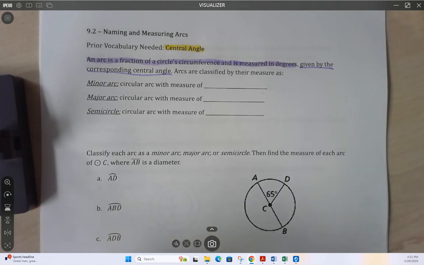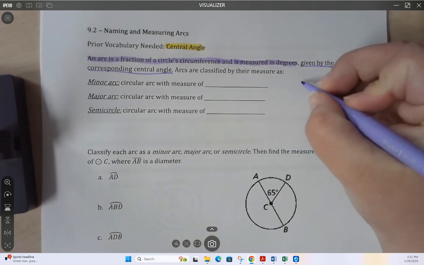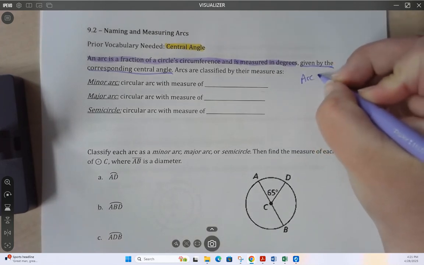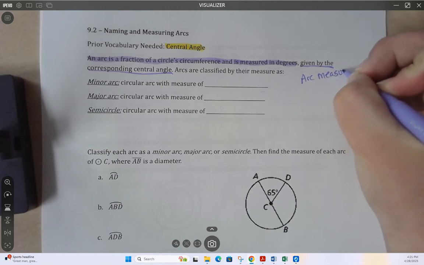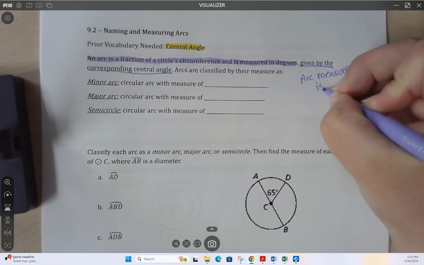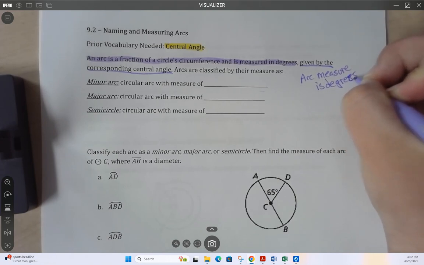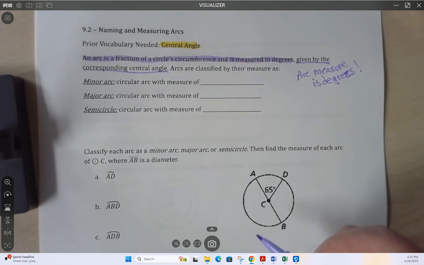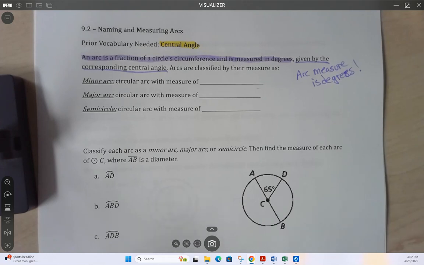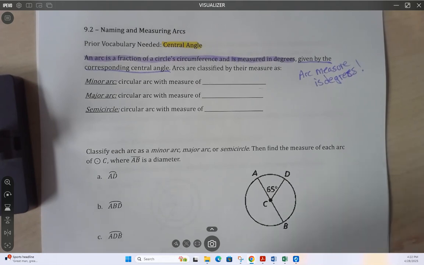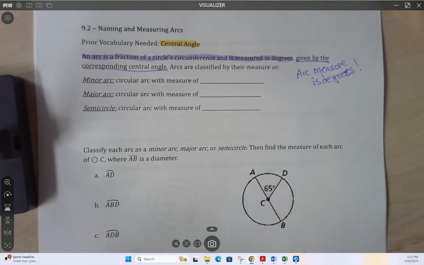Right now we're focused on arc measure, which is in degrees. I can't spell it right or anything obviously today. I seem to be out of it. But it's definitely measured in degrees for now.